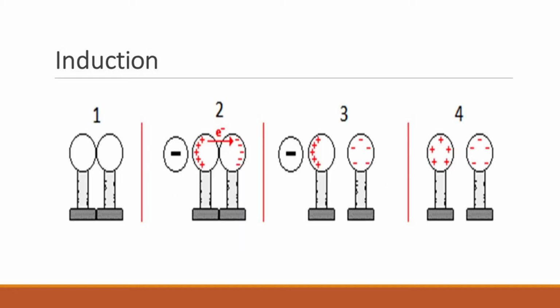When we electrify objects by induction, we don't need to have the objects get into contact with the object that is already electrified. For example, in position 1, in the diagram we have on the slide, we see two objects that are neutral. In position 2, we approach an object with negative charge.